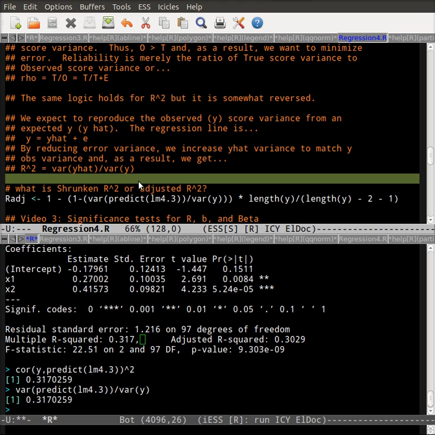Now what happens when we have small sample sizes? Well, imagine that you have a predictor that has really zero predictive validity for our dependent variable. With a small sample size, that beta may not actually be zero. It may be slightly negative, it may be slightly positive, but it doesn't matter the direction, because when you square it, it becomes positive.